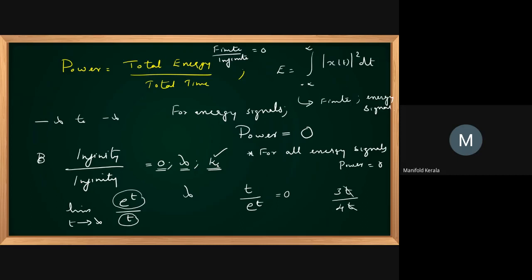So when you are finding the limit, you might have heard about L'Hospital's rule, correct? In L'Hospital's rule, you differentiate the numerator and you differentiate the denominator. When you differentiate a function, you are getting the rate of change of that function, correct? So you are checking the rate of change of each function.